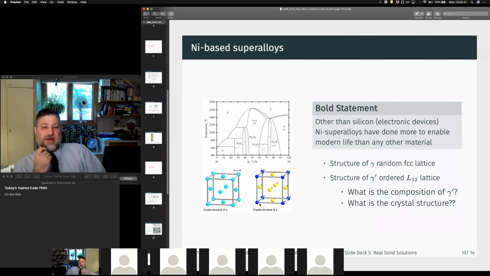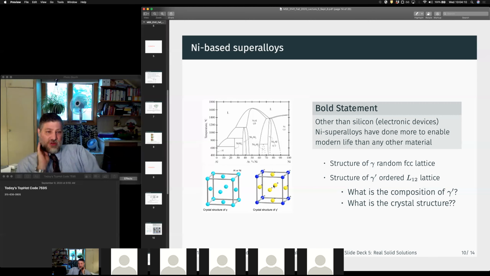So what's the composition? Each one of these corner sites contributes 1/8, so we have 1 aluminum atom per unit cell, and each face site is half. 1/2 times 6 is 3.